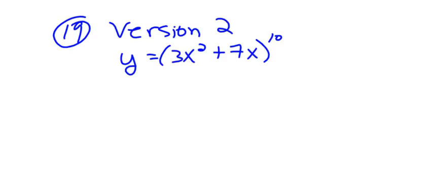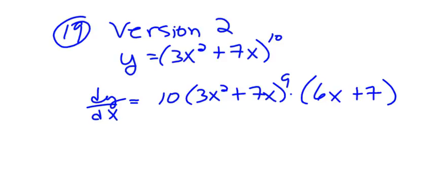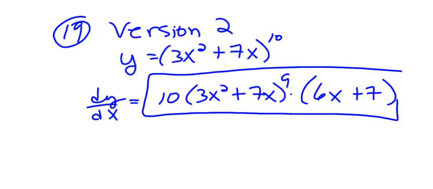In this case, when I take this derivative, I'm going to do the outside derivative. So the inside stays the same, times the derivative of the inside, which would be, and I'm going to leave it at this. And that's my answer for that one.